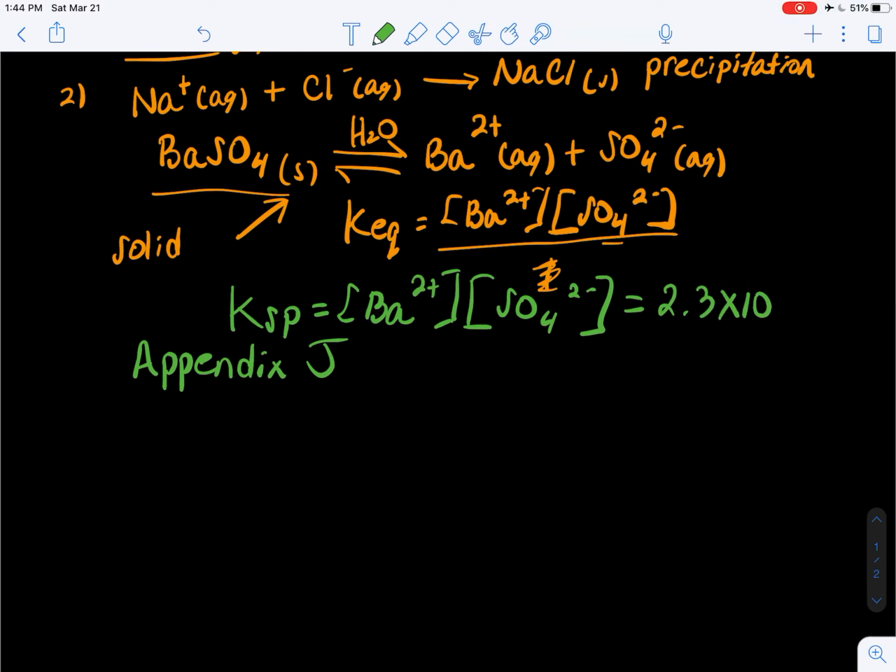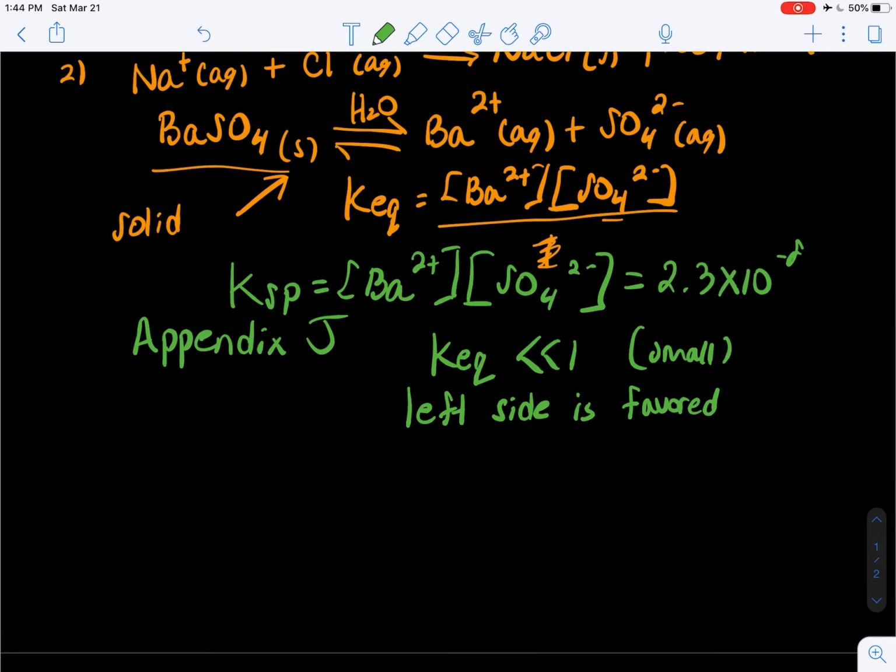is quite small. Okay, and remember, if your equilibrium constants are much less than 1, that means small, the left side is favored.